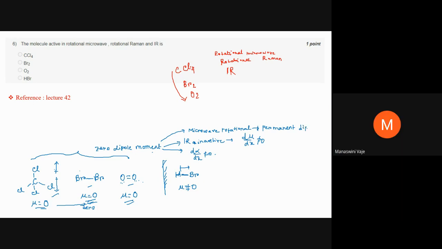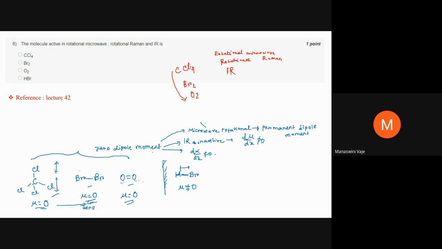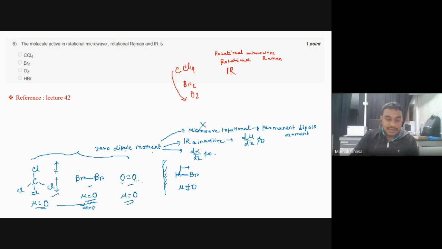So if the dipole moment is zero, will it show this microwave rotational spectra? No. That means these three molecules will be microwave rotationally inactive. So the only thing left is HBr.